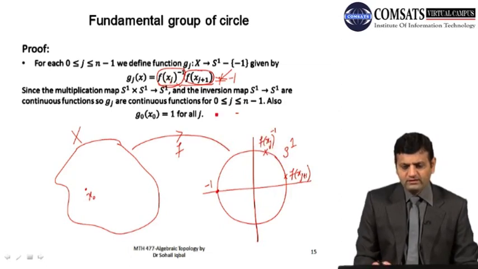So f of xj is a point on the circle. Why the inverse? Because it's a group and the inverses also belong to S1. So gj is a function from X to S1 minus {-1}.